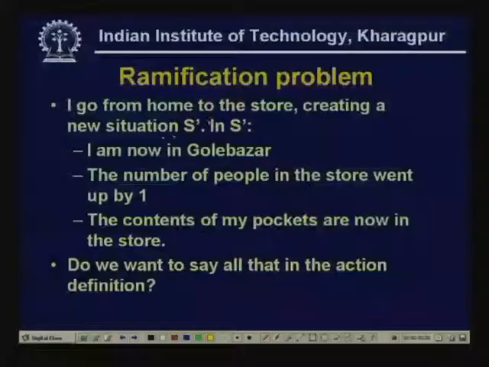Now, the ramification is that suppose as a result of executing the action go to the store, I am now in Gold Bazaar, the number of people in the store went up by 1, and the contents of my pockets are now in the store. This is the actual effect of my action. Now, do we have to encode all these when we describe the effects of the action?